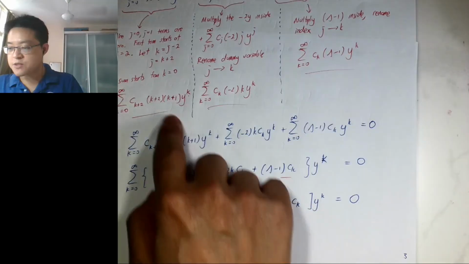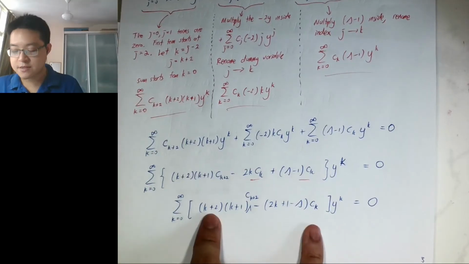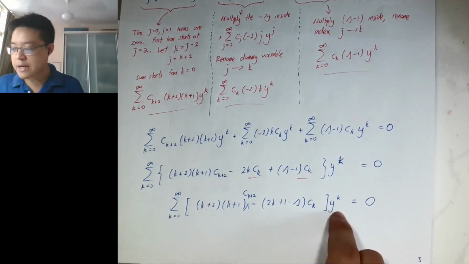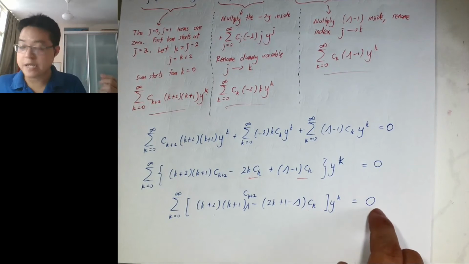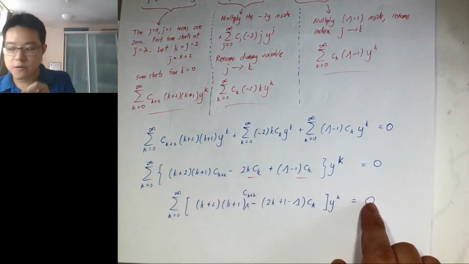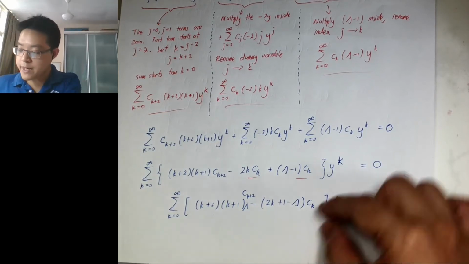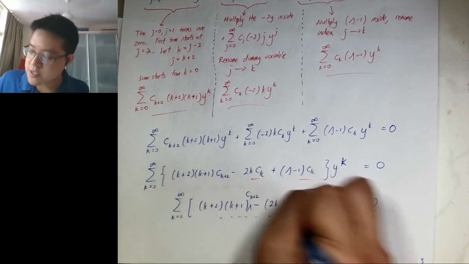So we substitute everything inside, and then we simplify until we got this. So we got the square bracket times y^k equals 0. And what we want to do is make sure this equation really is equal to 0. And one way to make this equal to 0 is that the term inside the square bracket is equal to 0.